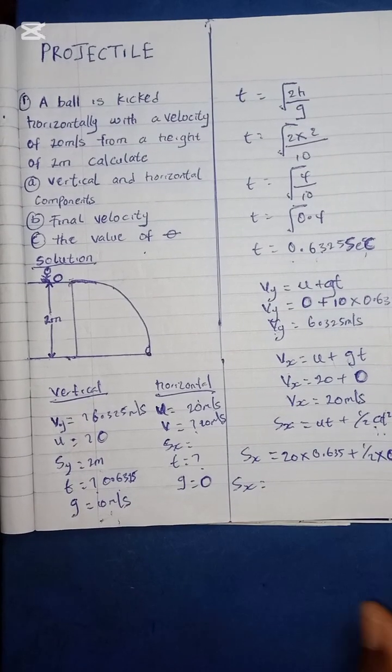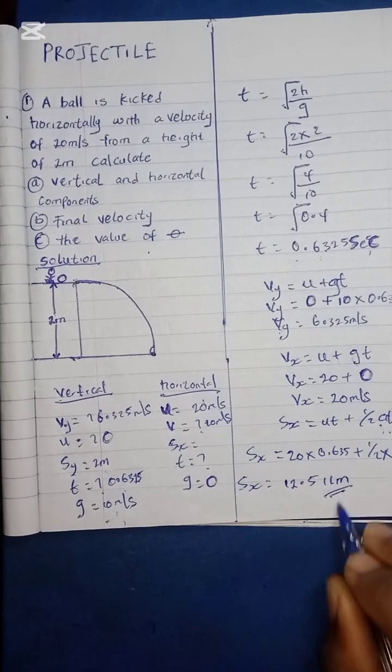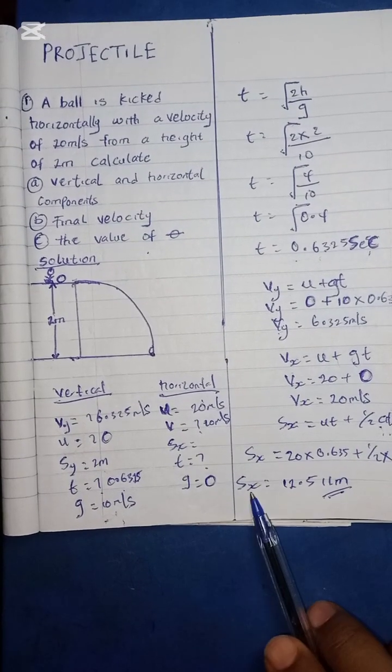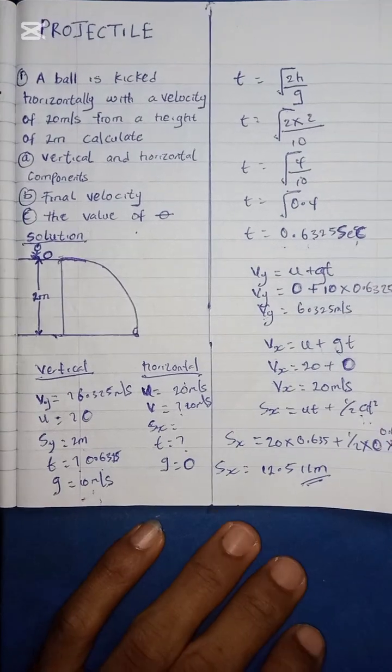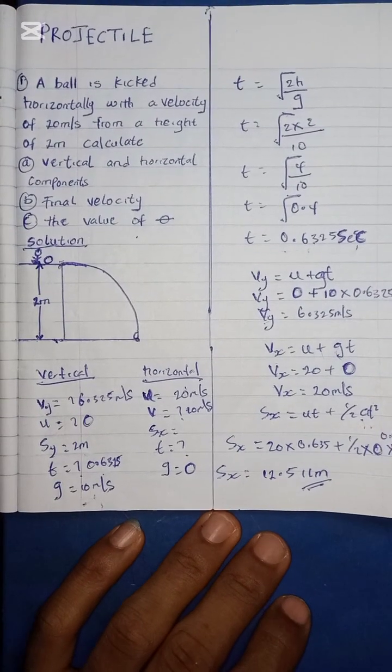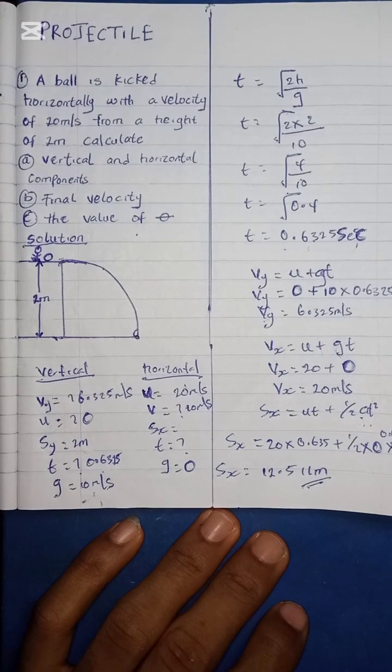When you punch your calculator, you'll have x equal to 12.65 meters. This is the horizontal distance. So we successfully found the vertical and the horizontal components. Now let's find the final velocity.